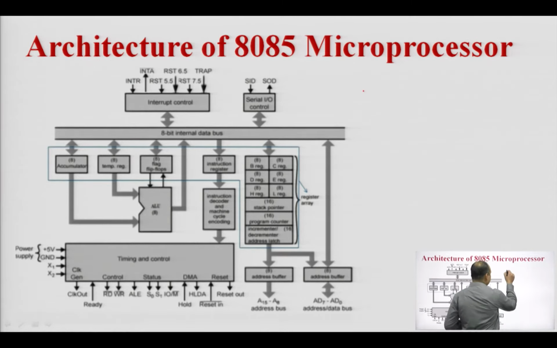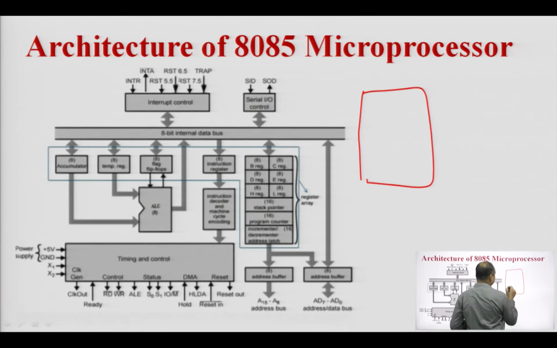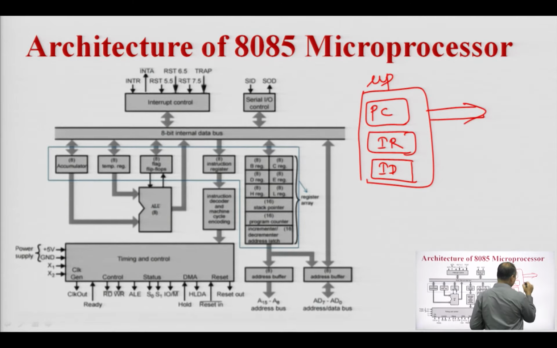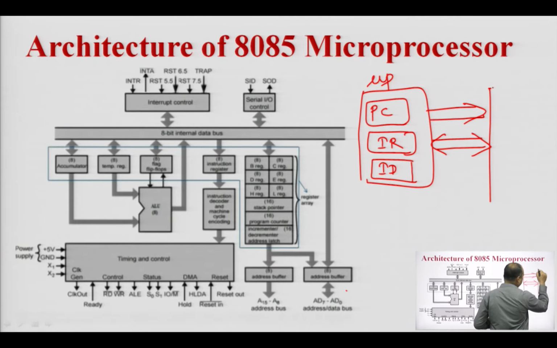Here in the microprocessor we have program counter register, instruction register and instruction decoder. Here the address bus is used to carry the address, data bus is used to carry the data, and the control signals are used to control the operation. This is the memory.